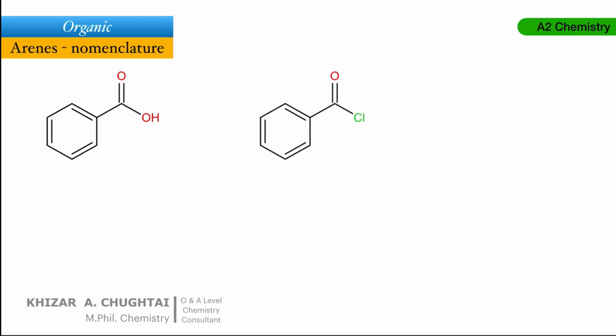Here are major functional groups. In this case, we write the benz, then we write the name of functional group. For example, its name is benzoic acid. Its name is benzoyl chloride.